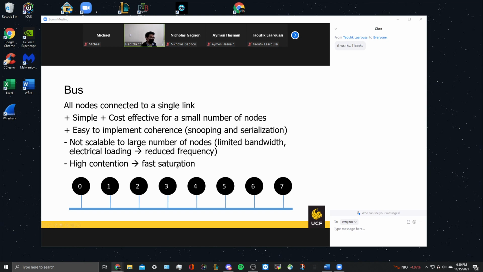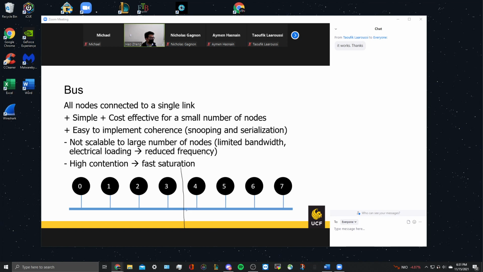So first of all, we need to check what the bisection bandwidth is. Bisection bandwidth: we cut the bus into two halves. Let me draw something. Cut here. So how many links do we have across the middle line?